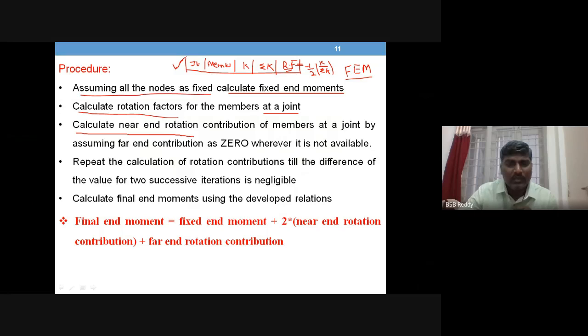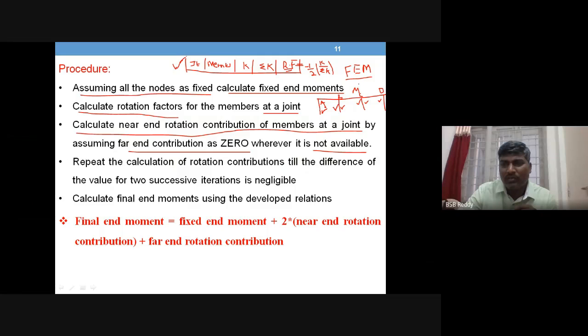Take all the ends, like A, B, C, D. Calculate rotation contribution of A, of B in AB, of B in BC, likewise C in BC, C in CD, and D. So you calculate M' values of all these: M' AB, BA, BC, CB, CD, DC.